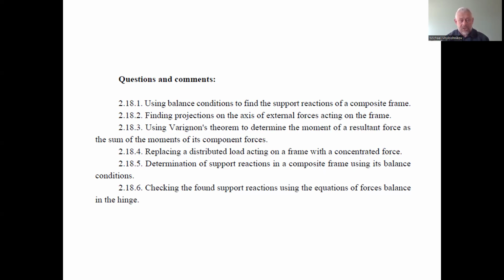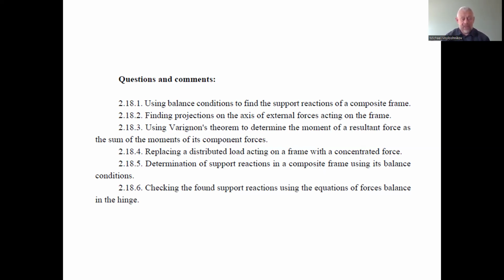Determination of support reactions in a composite frame using the balance equations. As in the first equation, we have the three options of the balance equation to determine the support reactions. This is usually used for a statically definable mechanical system, like the considered frame, a composite frame consisting of two parts.